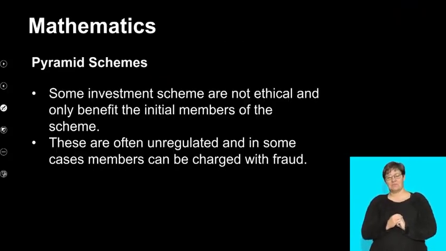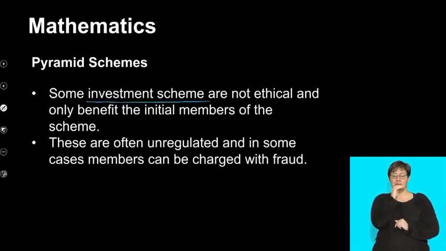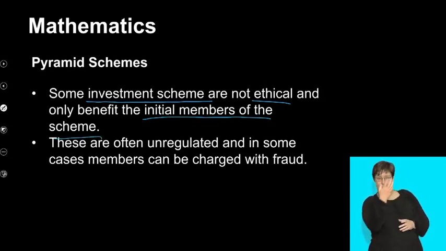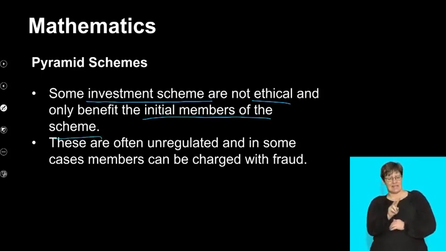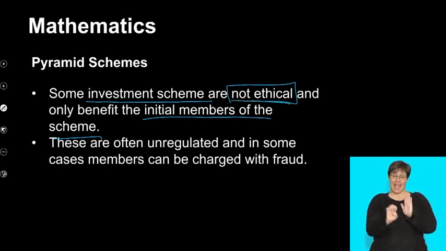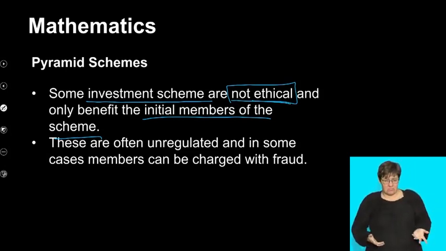So, a pyramid scheme is an investment option that is not ethical and only benefits the initial members of the scheme. You will definitely see with the example that we're going to do here what this means. The reason we are saying they are not ethical is because some people can choose not to take out the money that they need to take out if it is about different people investing a certain amount of money.